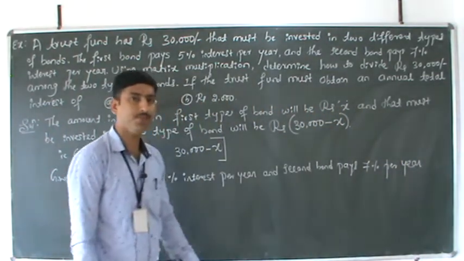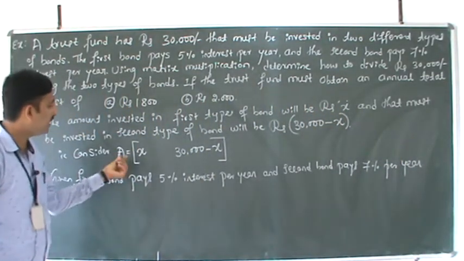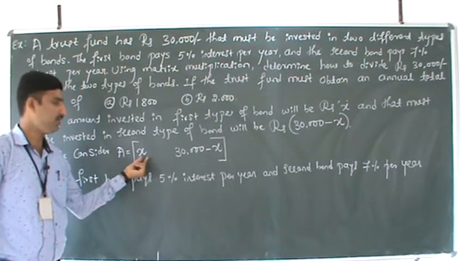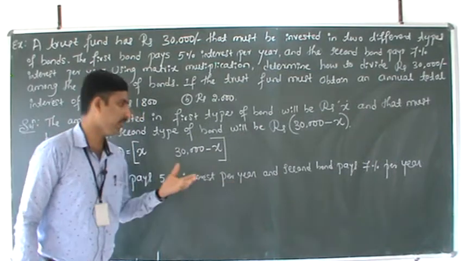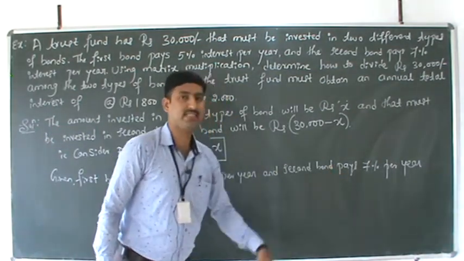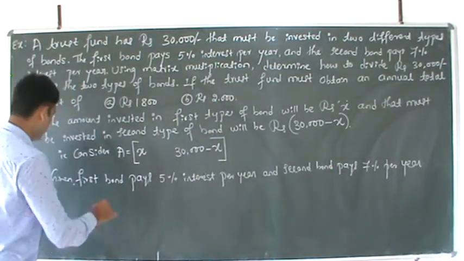Correct? What is given? They are given for this amount. For the amount 30,000, the first bond pays 5% interest per year, and second bond pays 7% interest per year.